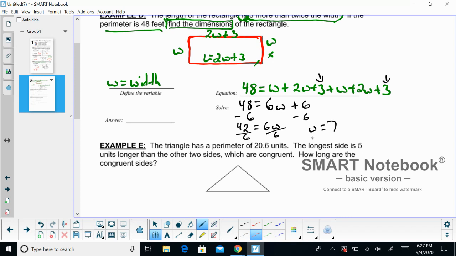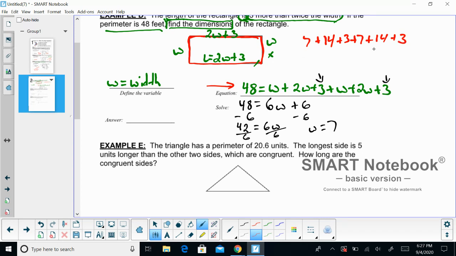So you're going to plug this 7 into my W's up top. So I have W, which would be 7, plus 2W. What's 2 times 7? That's 14, plus 3, plus another W, plus 2W. 2 times 7 is 14, plus 3.